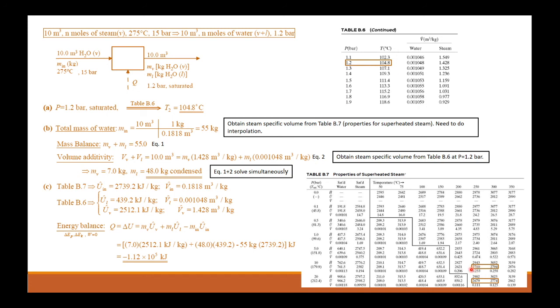Sorry, I think the box that I circled is wrong. It should be the one below. This is for the internal energy. This one was for the one above. Anyways, then simply substitute your values in and solve for your Q.